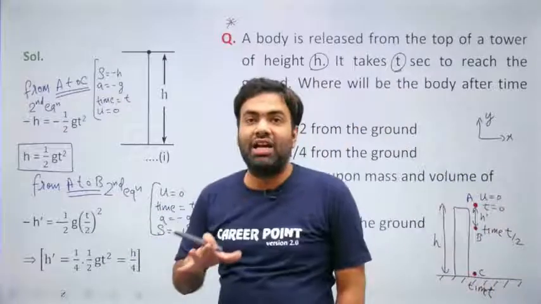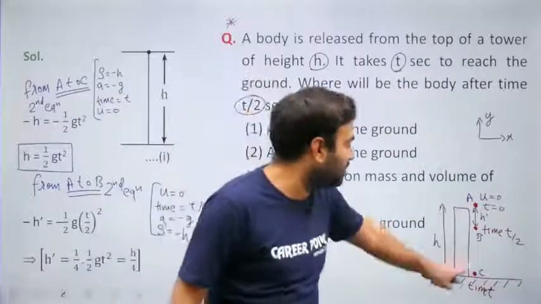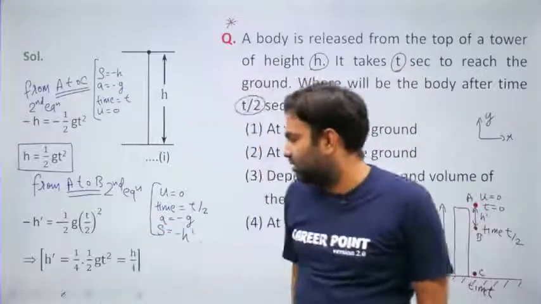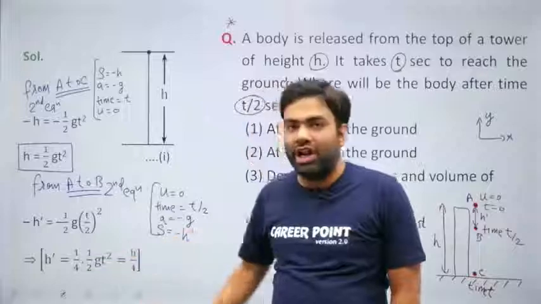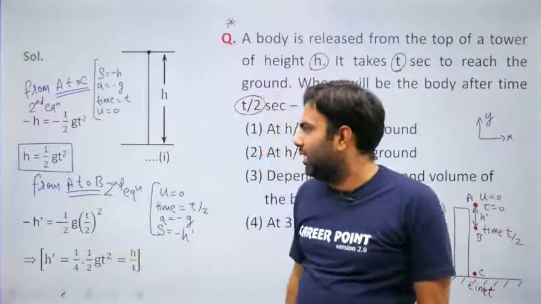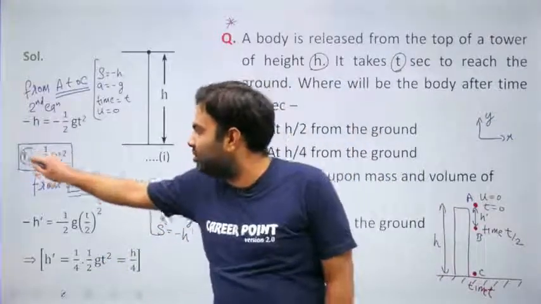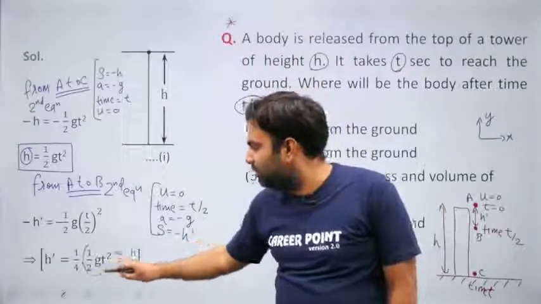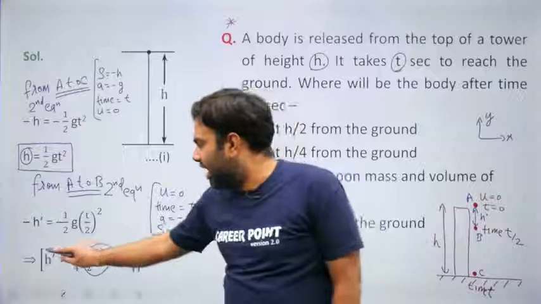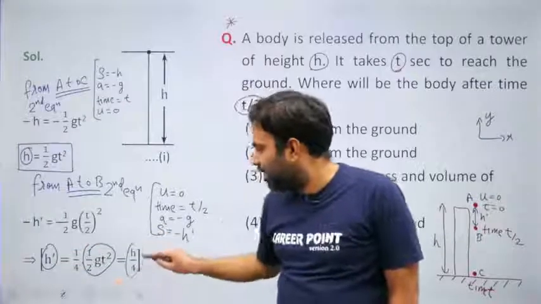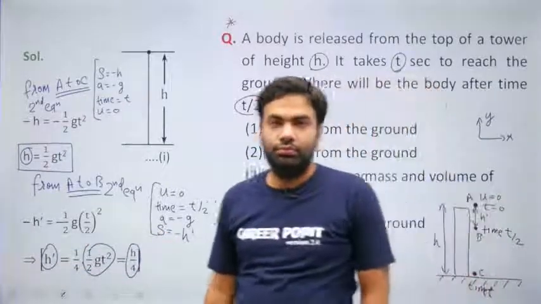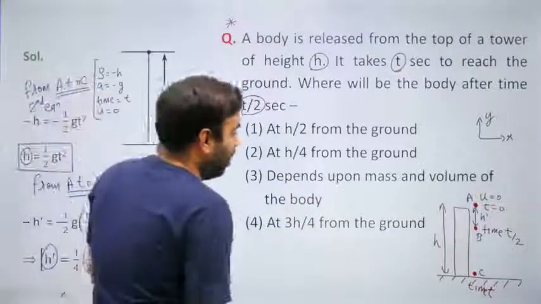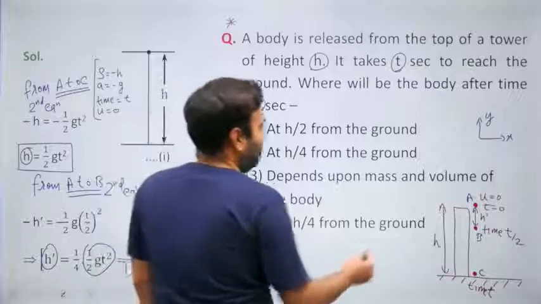It is asking at half of the time taken to reach the ground, what is its location. So we got h dash equals 1 by 4 times half gt square, and half gt square is h. That means h dash is h by 4. Because h dash is h by 4, that doesn't mean that the answer is option 2.